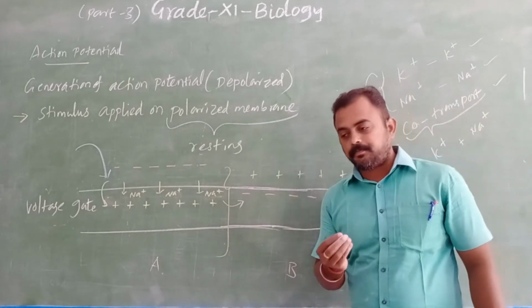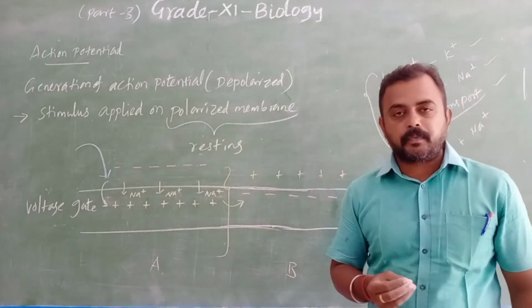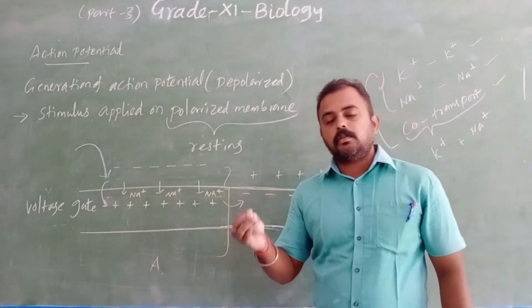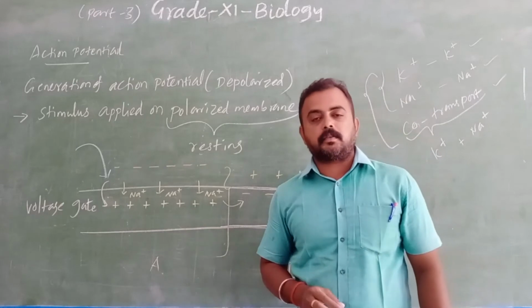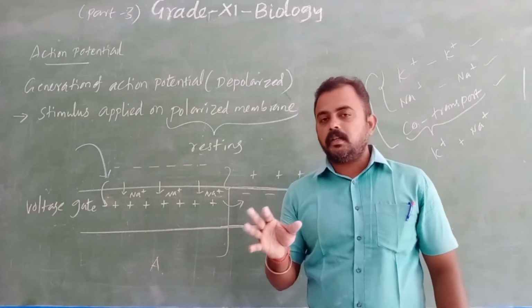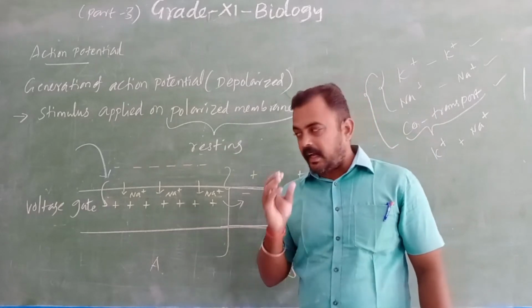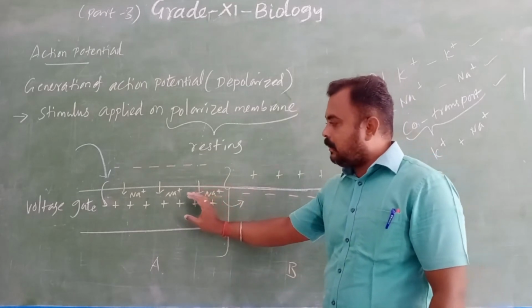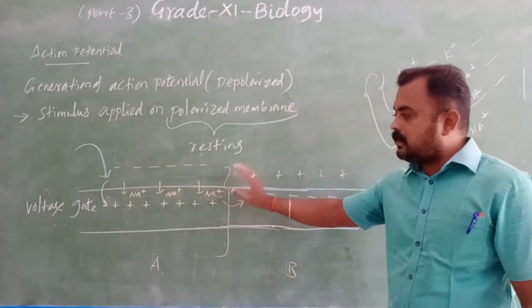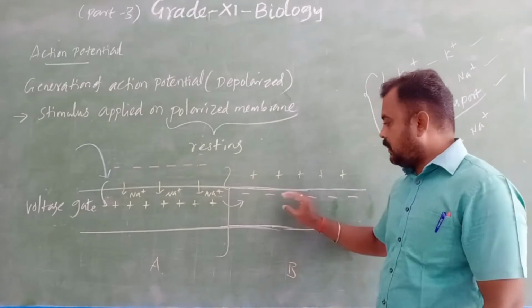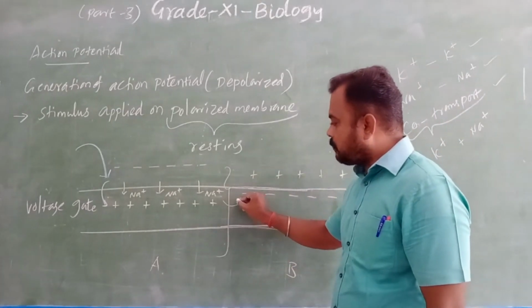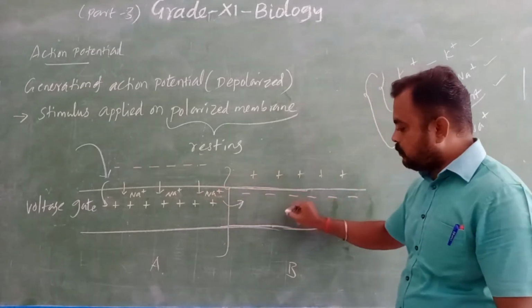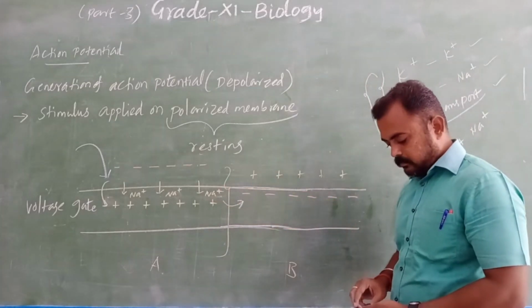Because in osmosis, the water molecules move from higher concentration to lower concentration. For that, energy is not needed. So like that, here the positively charged is higher concentration. Here negative is present. Automatically, it moves from region A to B.